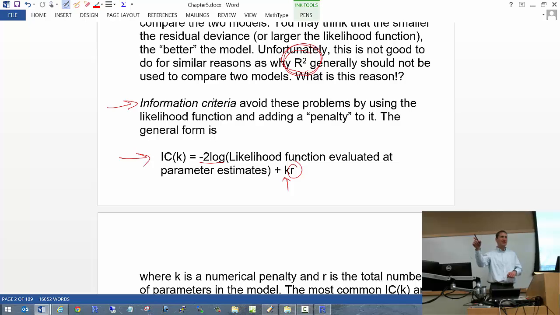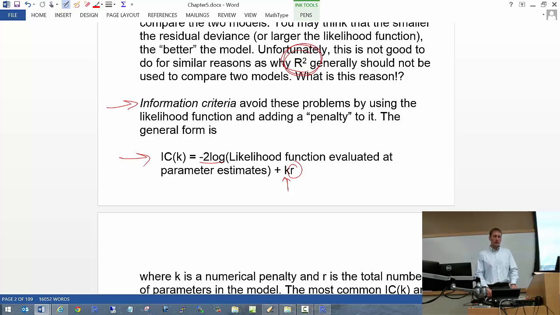So that means the higher the better still. If you take 2 times the log likelihood function, the higher the better. Now if you take -2 times the log likelihood function, the lower the better. So the lower that this information criteria is, the better the model is.